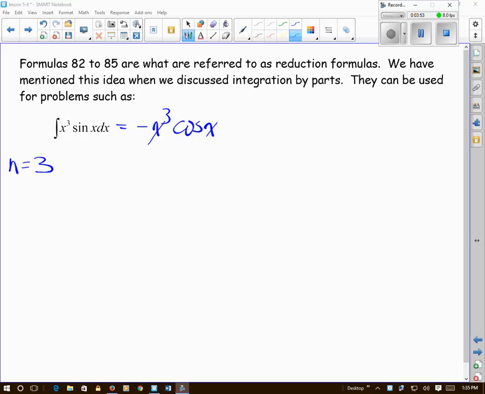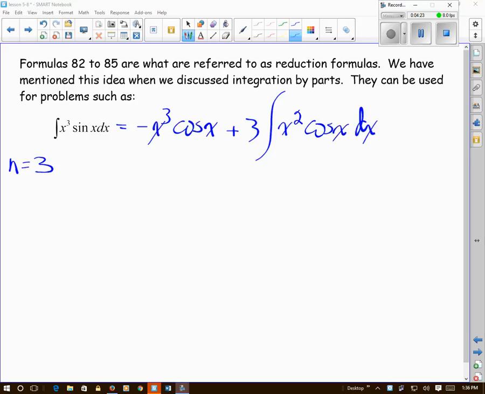Cosine of x, 3, x squared, which we didn't need to because x and u were the same thing. So dx.